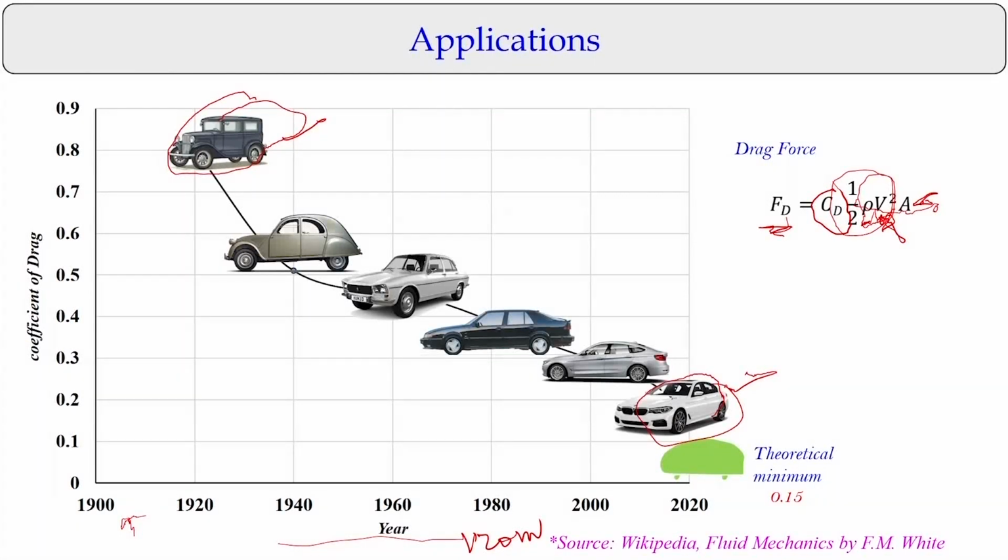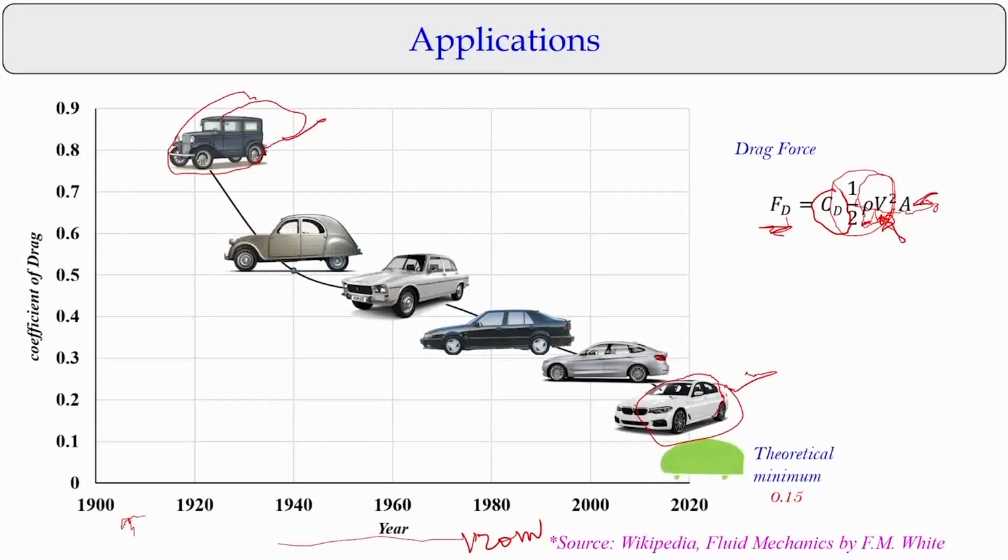That means equivalent to 1/6. So, for example, if a car takes 6 liters to travel a particular distance, now we need just 1 liter for the same distance, because the drag coefficient is almost 1/6. So, this is what has evolved.